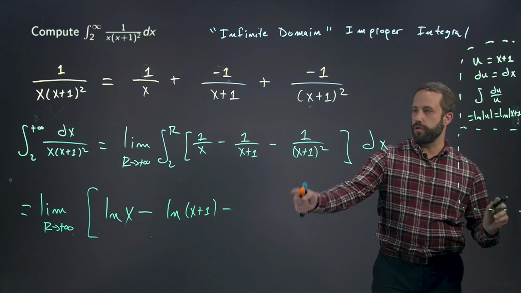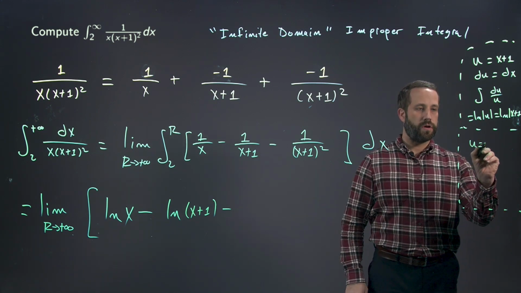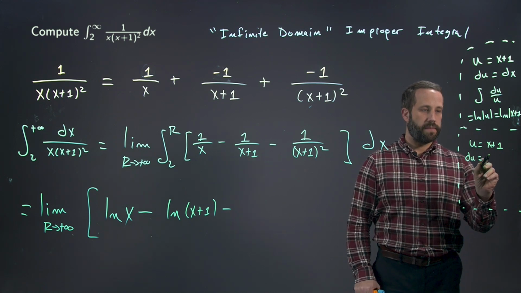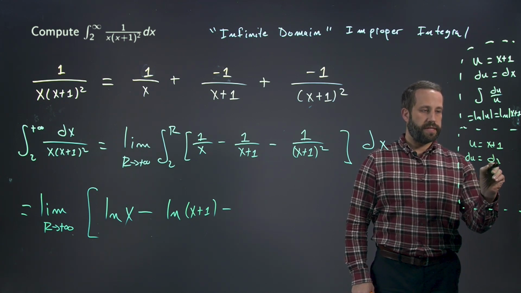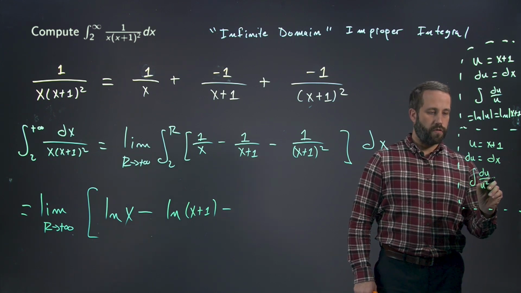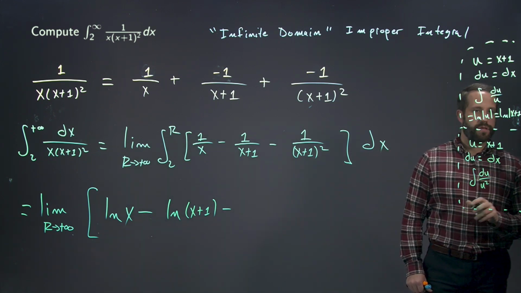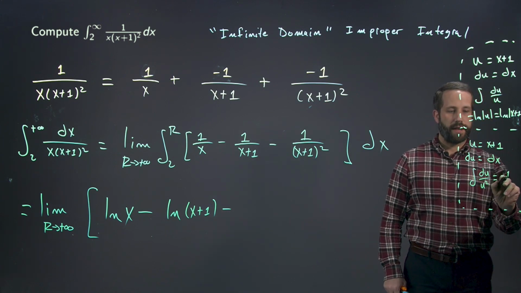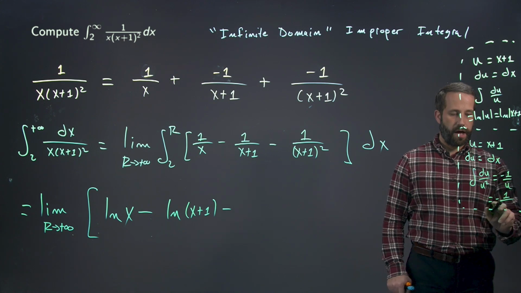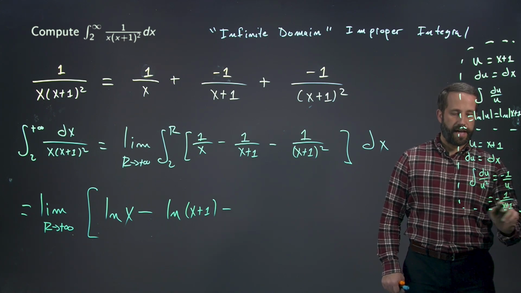Again, let me do a little scratch work for this. I could say u is equal to x plus 1. Then du is going to be equal to dx, and the integral would become du over u squared. This is the same as u to the minus 2. So this is going to be minus 1 over u, which is equal to minus 1 over x plus 1.